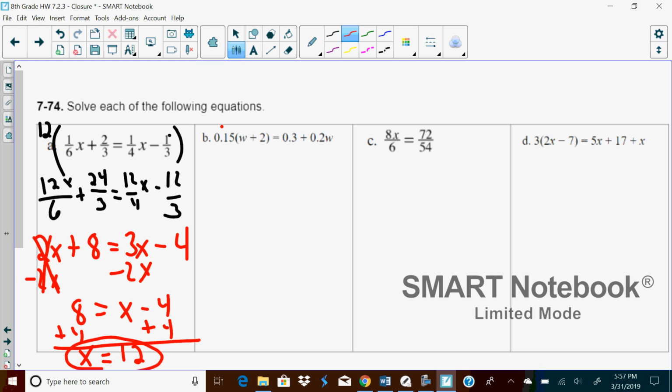For b, the first thing I do is multiply through by my 0.15. So I end up with 0.15w plus 0.3 equals 0.3 plus 0.2w.